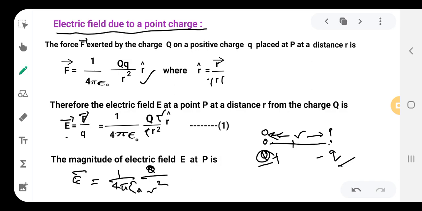So this is the electric field due to that individual charge. We are talking about the field of a particular charge, so using Coulomb's law we have Q by r square. Now what is electric field? Force per unit charge.